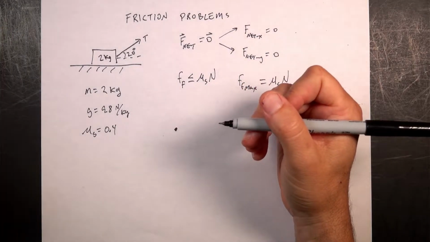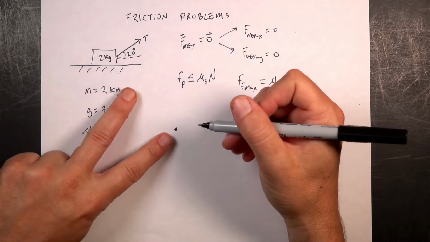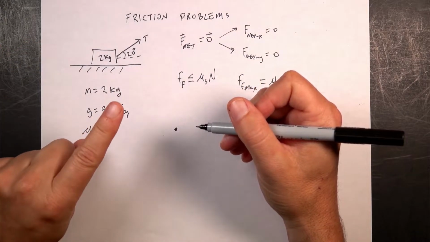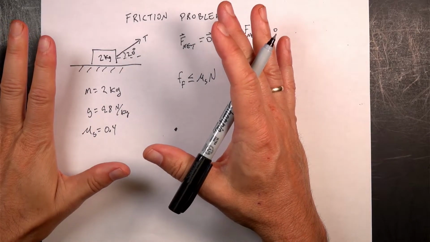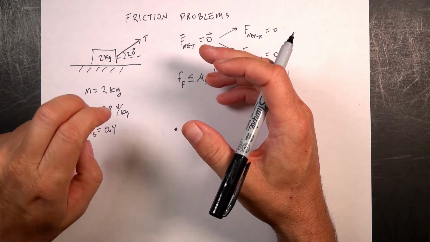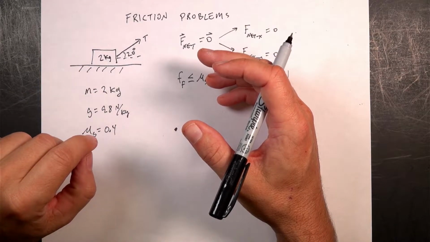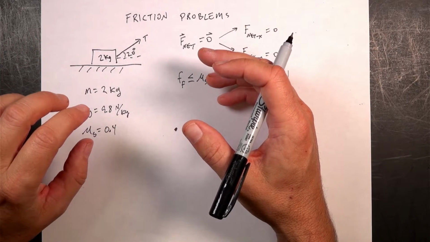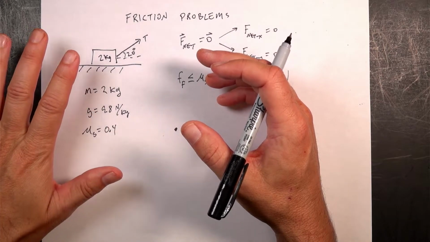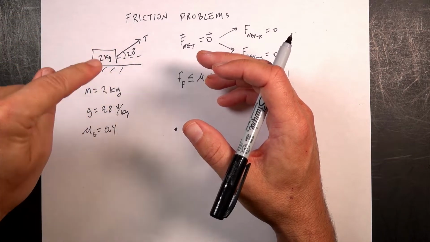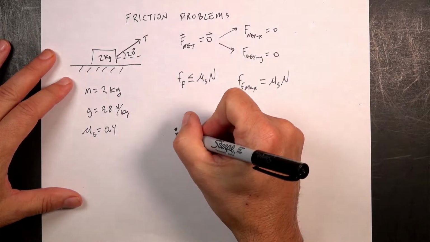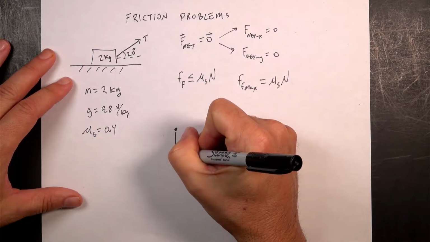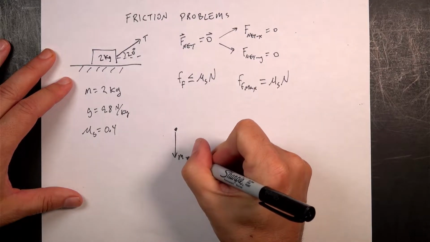So what forces are acting on the block? Well, there's 2 kinds of forces. There's long-range forces, forces that can act on the block without touching it. And then there's contact forces that are due to something touching the block. The only long-range force that we have in this case is the gravitational force between the block and the earth, which is down here. So the gravitational force on the block is going to be this way, and I'm just going to write that as mg.